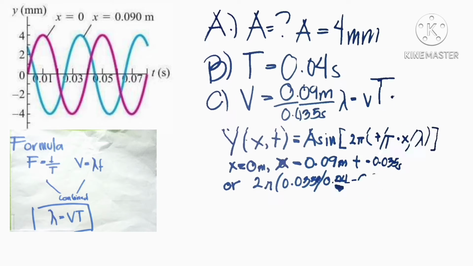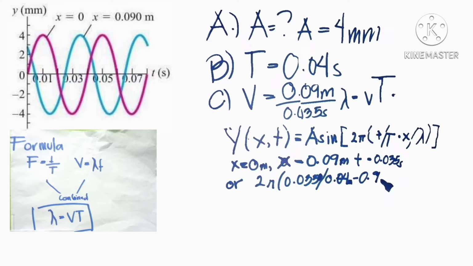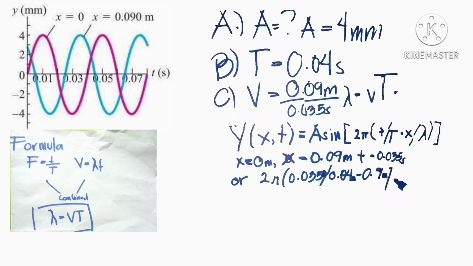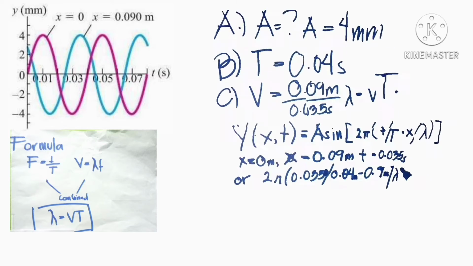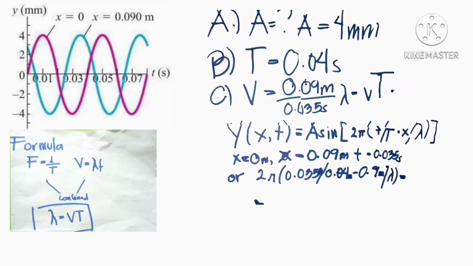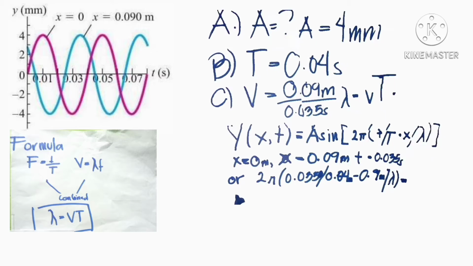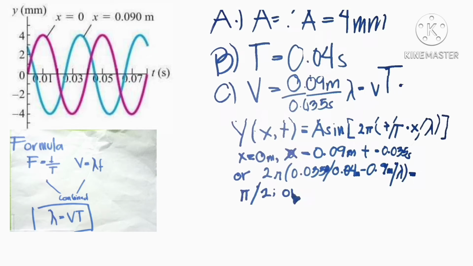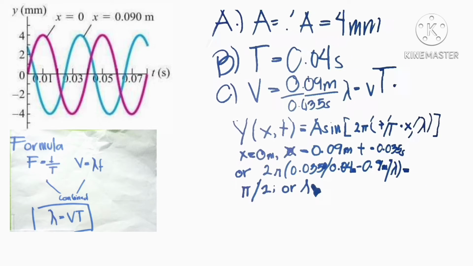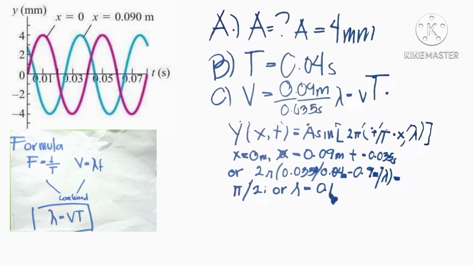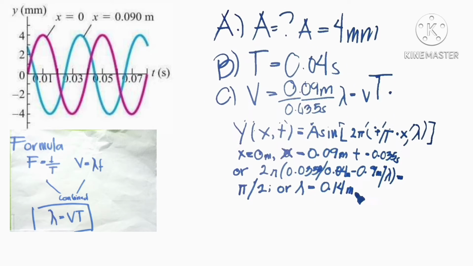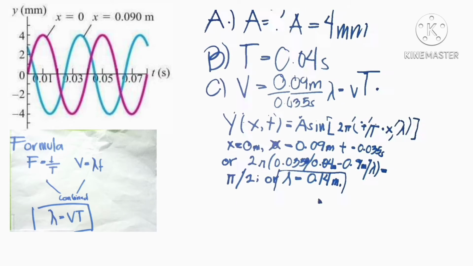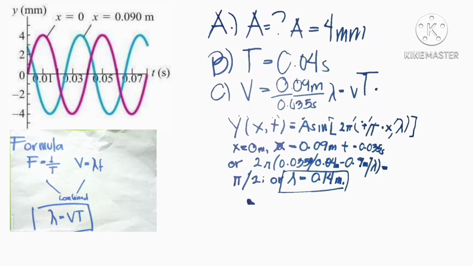This 0.035 is a time, as well as the 0.04, and the 0.09 meter is also divided by the wavelength. It is equal to pi over 2, so our wavelength is equal to 0.14 meter. This is our answer.